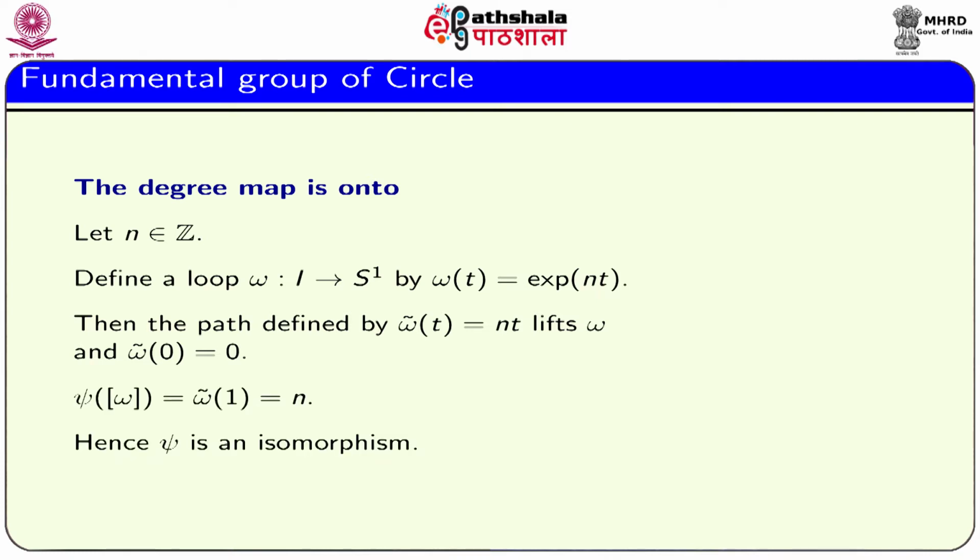So, the image of class omega is equal to the given integer n, proving that the map is onto. So, combining all these three, we have that psi is an isomorphism.